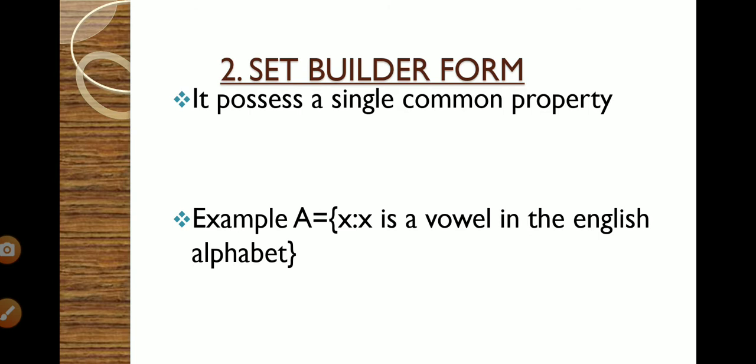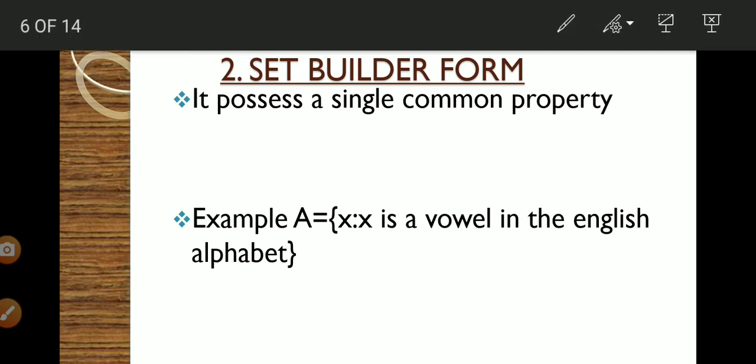In set builder form, all the elements of a set possess a single common property which is not possessed by any element outside the set. The example is clearly shown here. We will write this in this form: x is a vowel in the English alphabet.